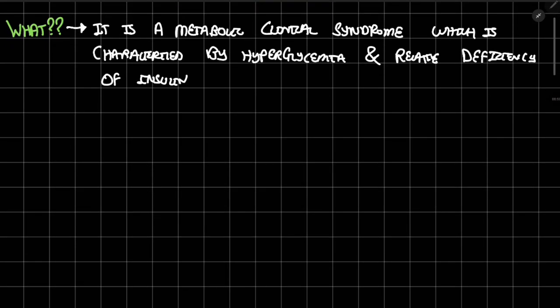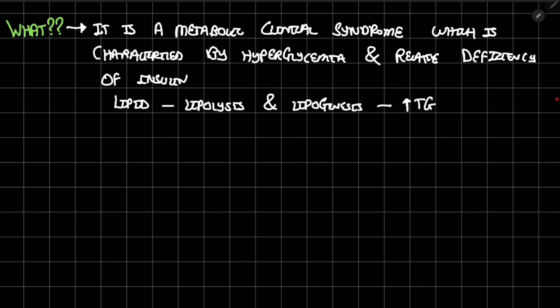Also, in diabetes it is a metabolic clinical syndrome. Metabolic clinical syndrome means the protein metabolism, carbohydrate, and lipid metabolism are also affected. In carbohydrate we see hyperglycemia. In lipid we see lipolysis and lipogenesis, which leads to an increase in triglyceride level further.